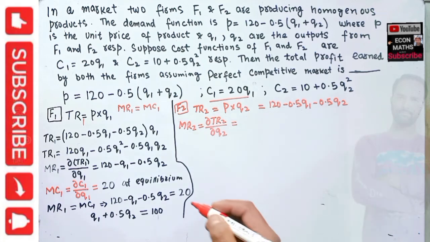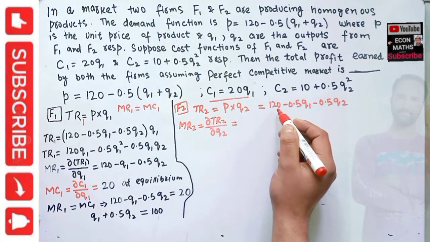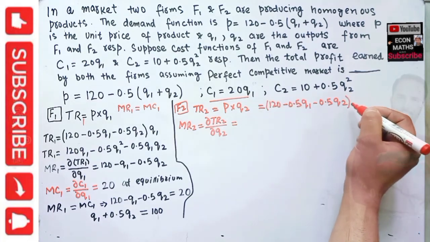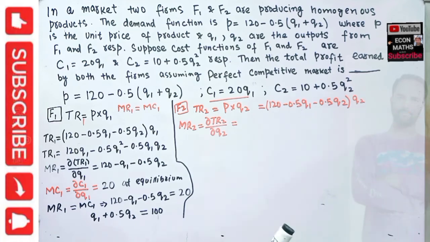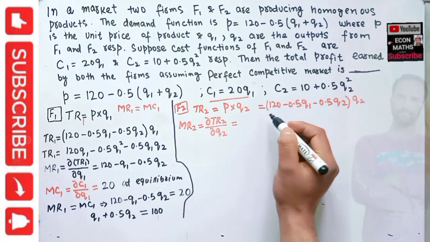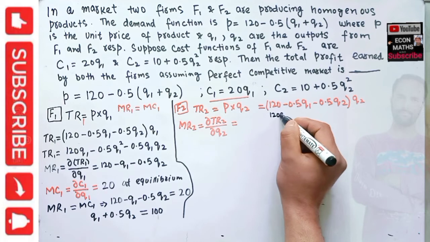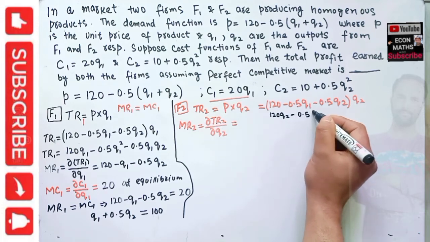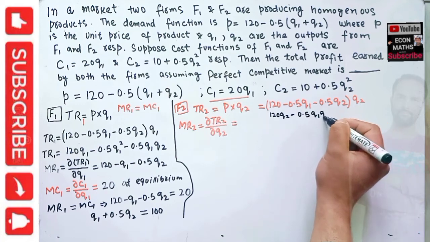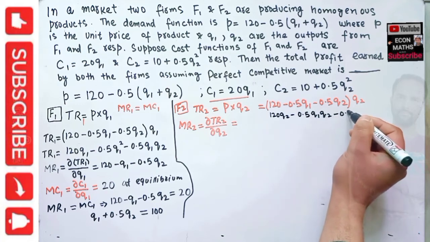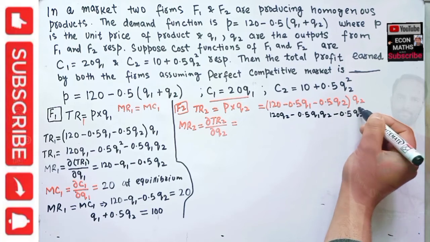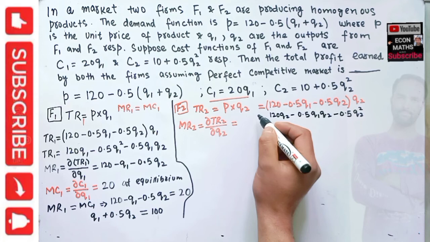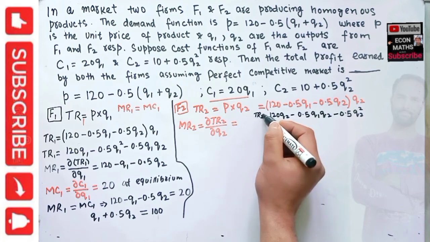To take the partial derivative, we first multiply this function with Q2. So we get 120 Q2 minus 0.5 Q1 Q2 minus 0.5 Q2 square. This is our total revenue for the second firm.